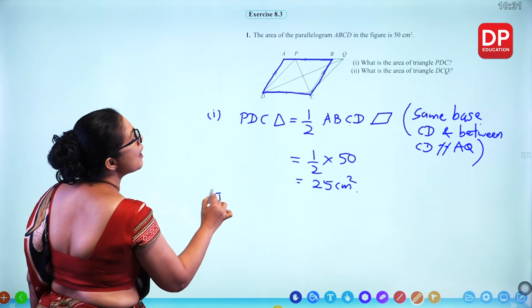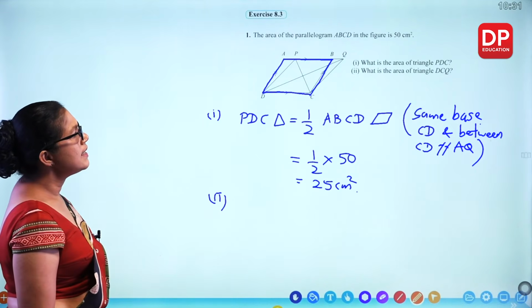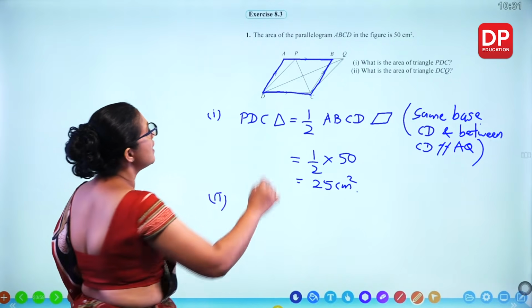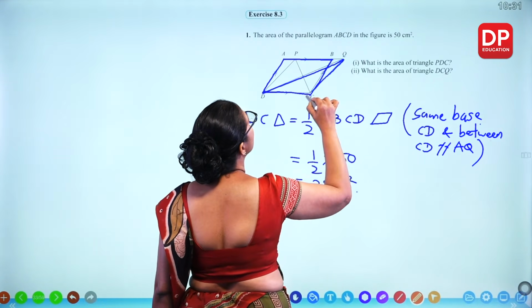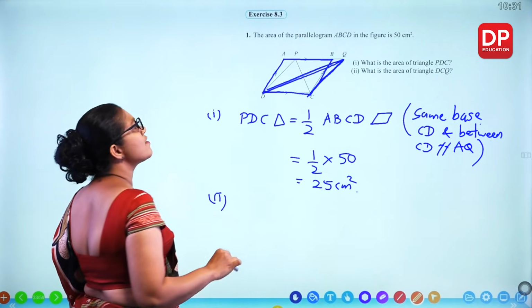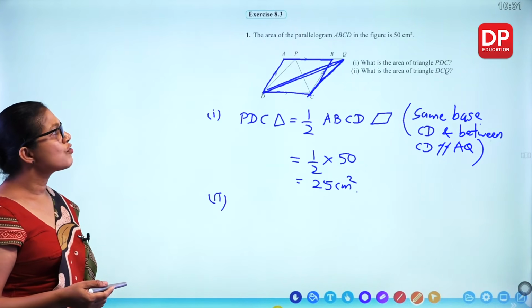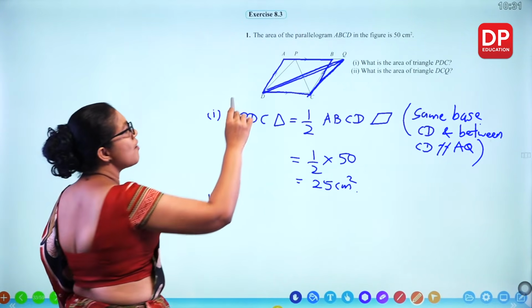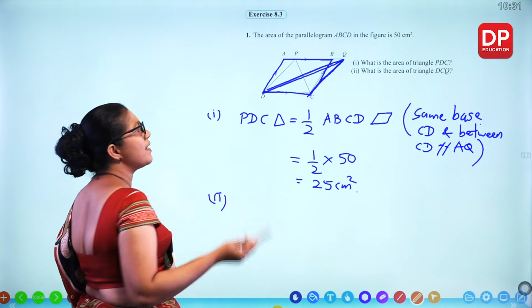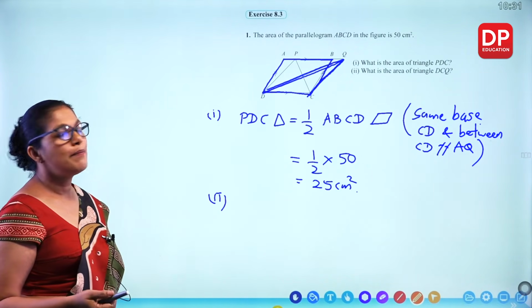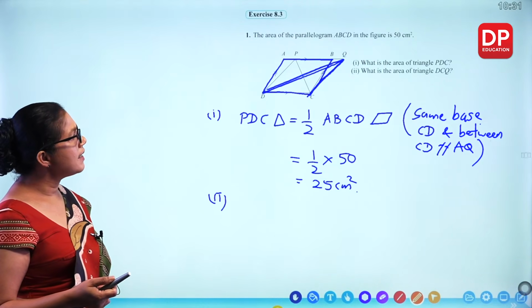Second part, what is the area of triangle DCQ? DCQ is this one. So this one is also half of the area of the parallelogram, because same base and in between the same pair of parallel lines.